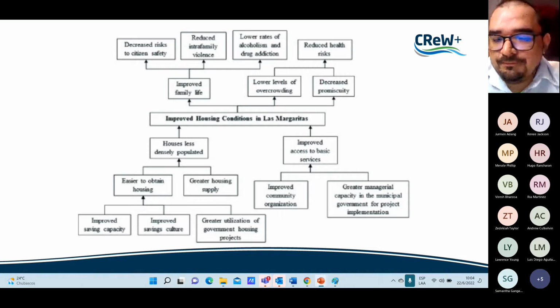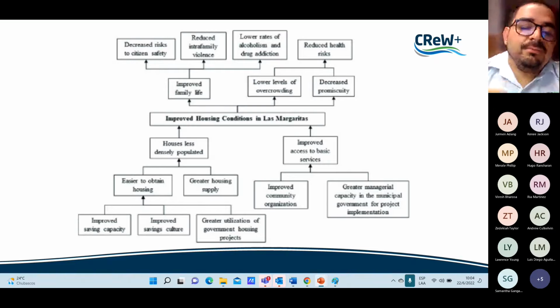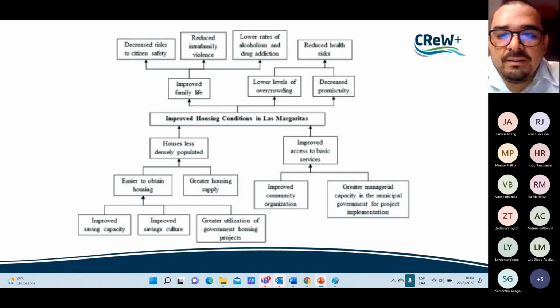So solving this one problem of housing will contribute to lower alcoholism and drug addiction, but there are also other problems that influence those effects. So maybe that is why they are only lowering it, not eliminating it.